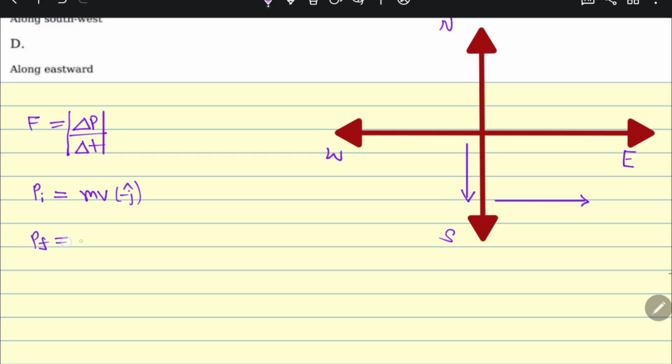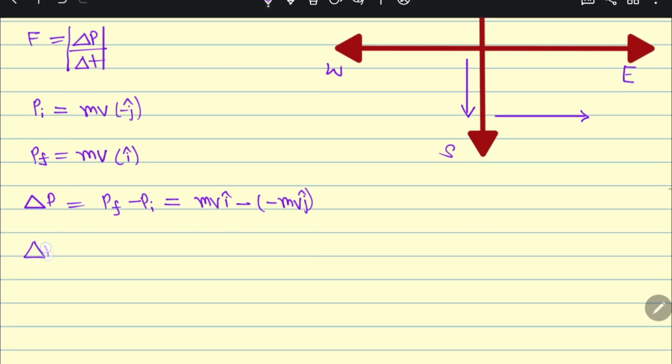Final momentum becomes m v i cap. So change in momentum is p final minus p initial: p final is m v i cap minus p initial m v j cap. So change in momentum we can say m v (i cap plus j cap).